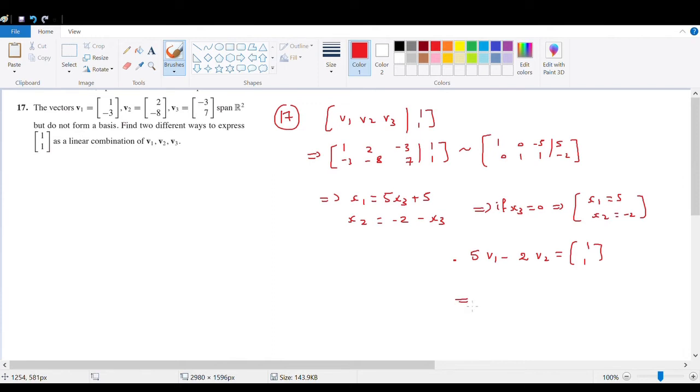If we choose, for example, x3 is equal to 1, then from here we get x1 is equal 10 and x2 is equal minus 5, or x3 is equal 1. So that's mean 10 v1 minus 5 v2 plus v3, this is equal the vector 1, 1. You can choose any value for x3.